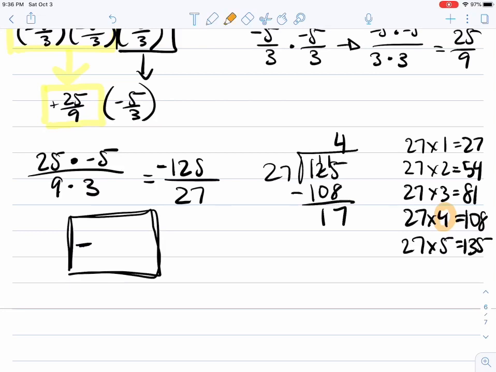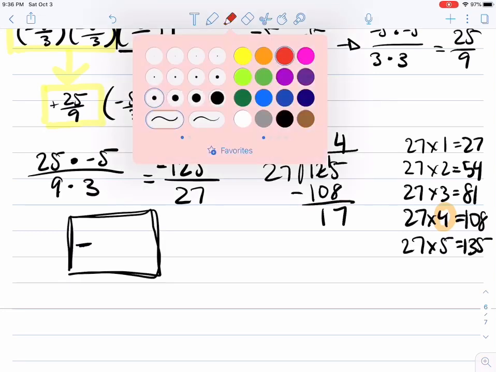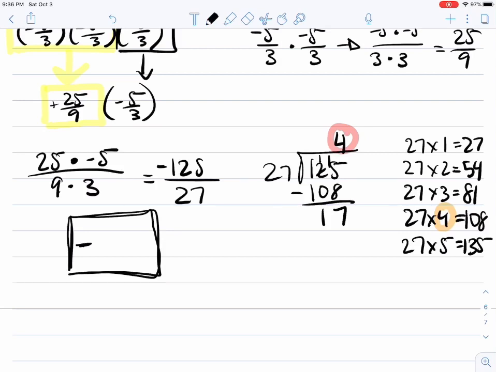I have my whole number right here. And then I have my denominator, and then I have my numerator. So this is my final answer. And I remember that this is negative because I put that in my answer box to remind me.